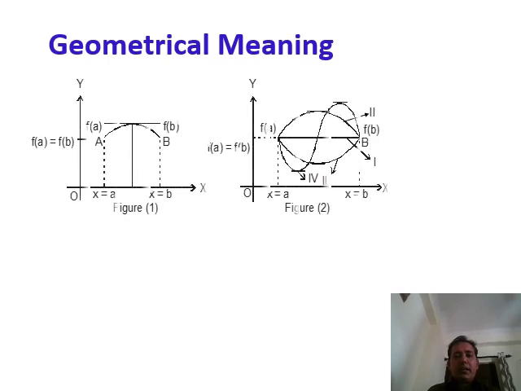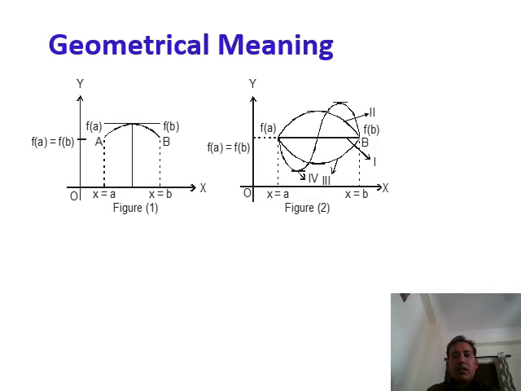Its geometrical meaning is like that. This is the function where f(a) will be equal to f(b), where f(a) and f(b) both are shown on the y-axis. We have this in figure 1, and f(x) is continuous and differentiable in both figures.